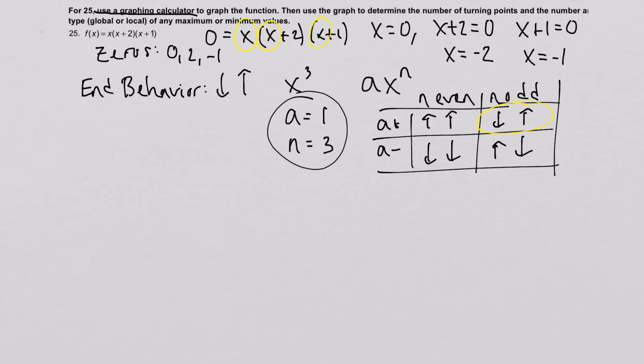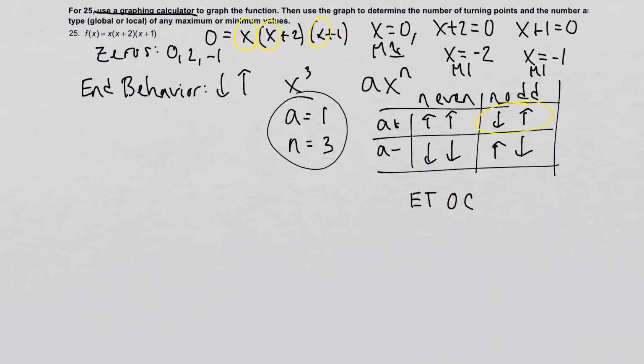For x equals 0, the multiplicity is 1, because there's only one of those. For x equals negative 2, the multiplicity is also 1. And for x equals negative 1, the multiplicity is also 1. So for all of them, the multiplicity is 1. Since that is odd, remember ETOC: even touches, odd crosses. So for each of these 3 zeros, it will cross at those points.